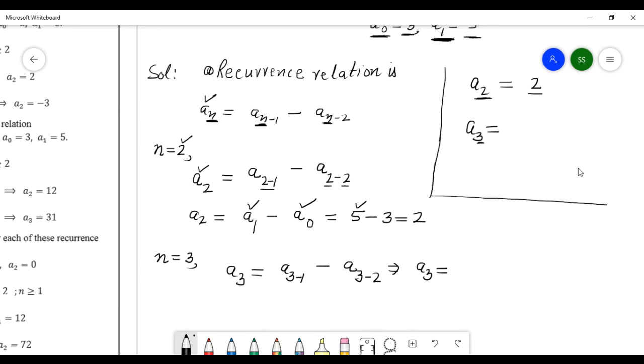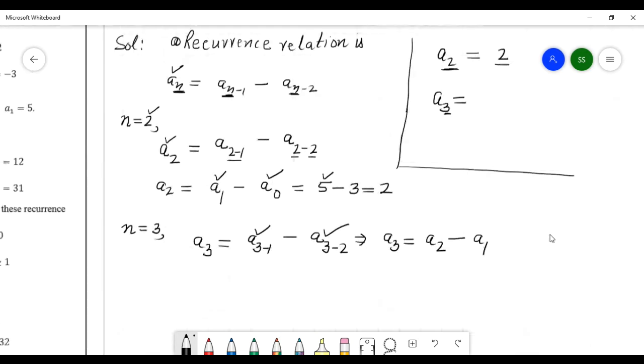A3 equal to A3 minus 1, that is A2, minus A3 minus 2, that is A1. It's okay? Now look here. It's equal to what? Here A2 is present.